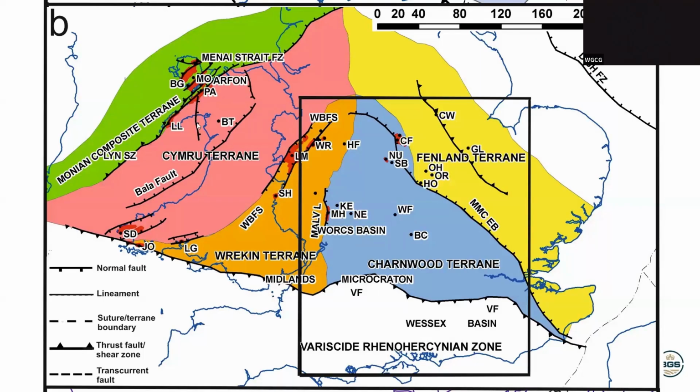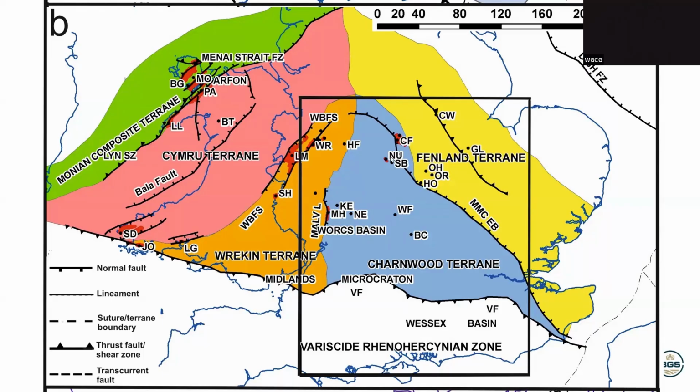But I then extended it to the Malvern lineament and to these other boundaries. So the idea was that these bits of crust were brought together by strike slip tectonics, moving bits of crust along fault zones, bringing them into juxtaposition.